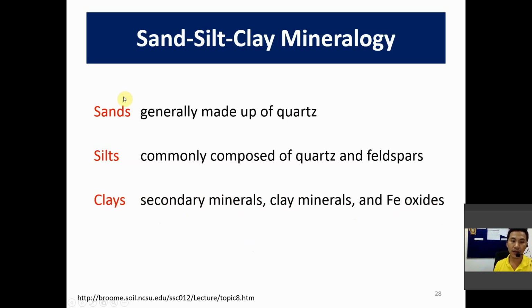Now, getting back to here, the sand fraction is the biggest size fraction, generally made up of quartz, so you don't actually see a lot of clay minerals in this size fraction. The silt fraction is in between sand and clay. Most of the time you will see a lot of quartz as well, and some other primary minerals like feldspar.